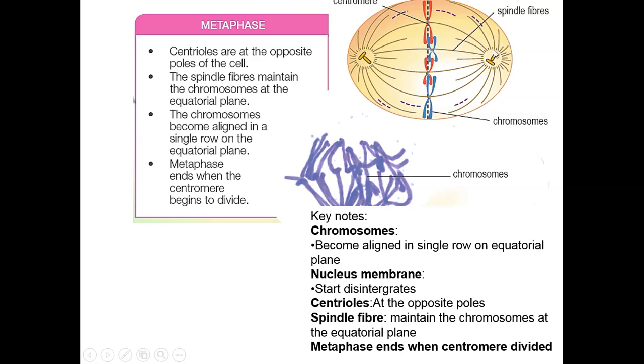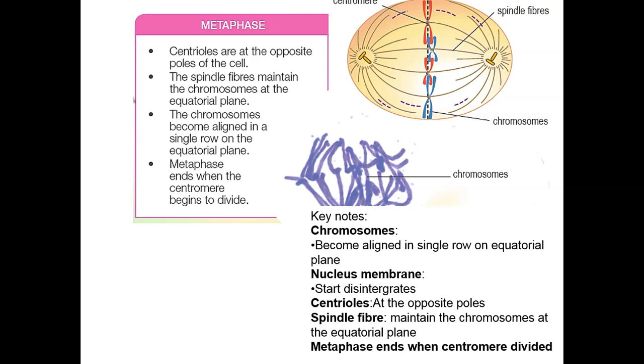You can see here the centriole is located at the opposite poles, and the spindle fibers maintain the chromosomes at the equatorial plane, where the spindle fibers are connected to the centriole and also the centromere. So metaphase ends when the centromere starts to divide.